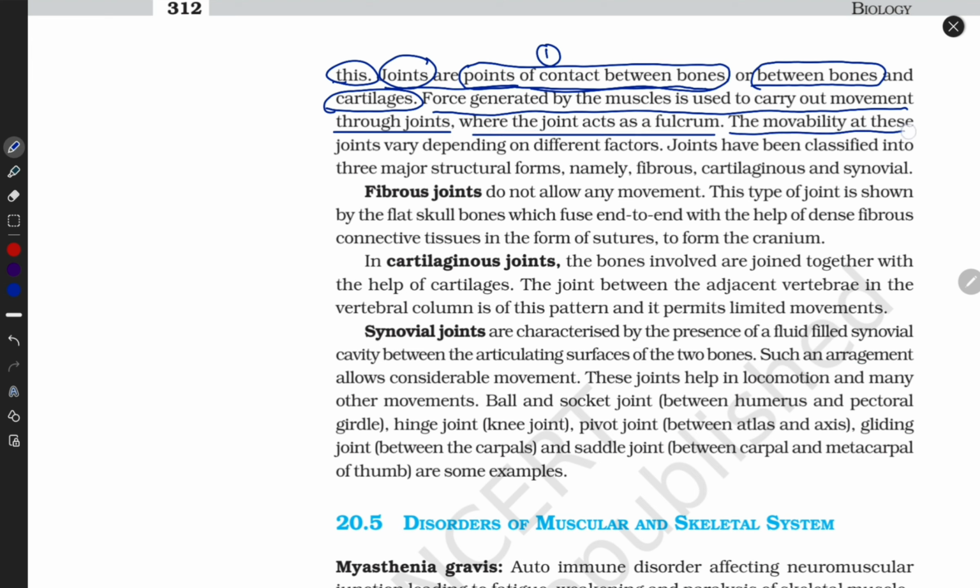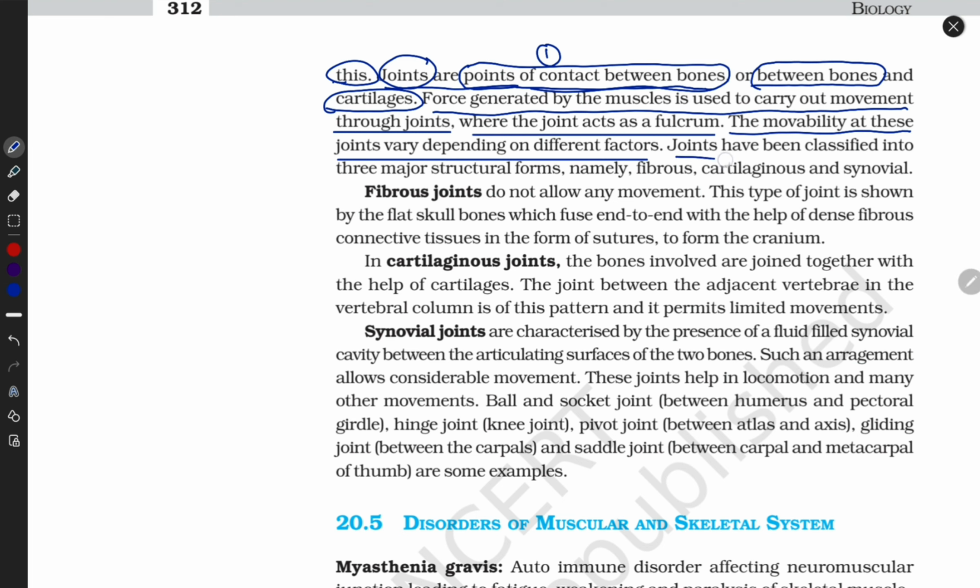The movability at these joints varies depending on factors. Some joints are movable, like our knee joint, our shoulder joint, the pectoral girdle, and the atlas in the neck, which is very flexible. Some joints can move, and some joints cannot move.